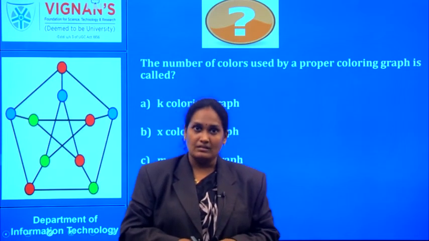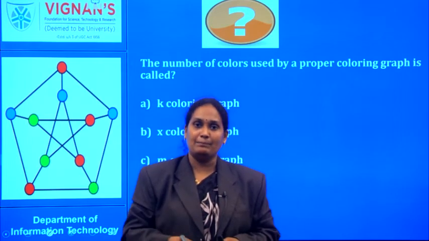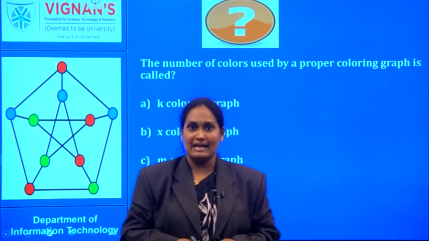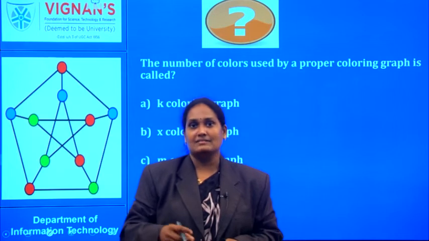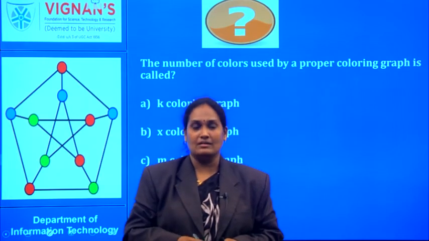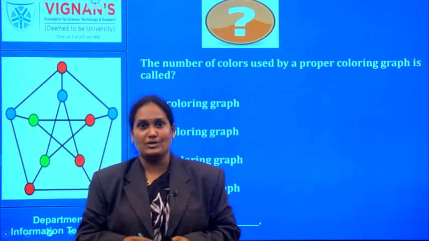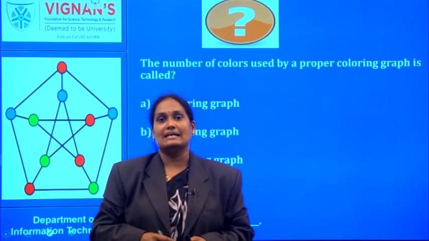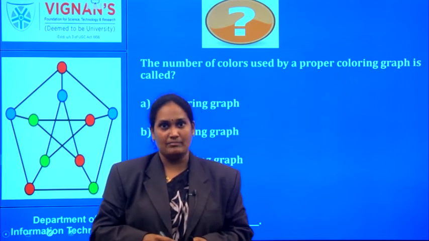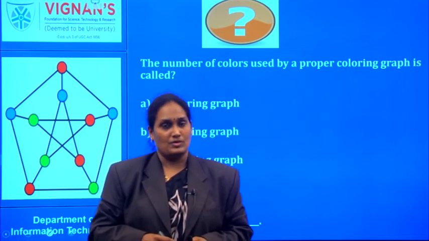Also we explained how to color a map, that is a planar graph. And also we saw how to construct a state space tree organization for solving a graph coloring problem. And also we saw the algorithm which is developed based on the backtracking process.